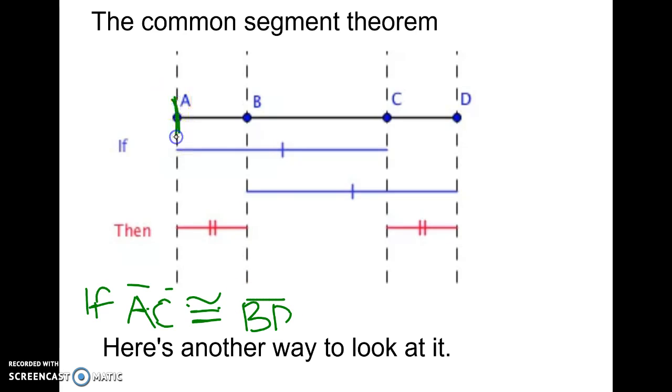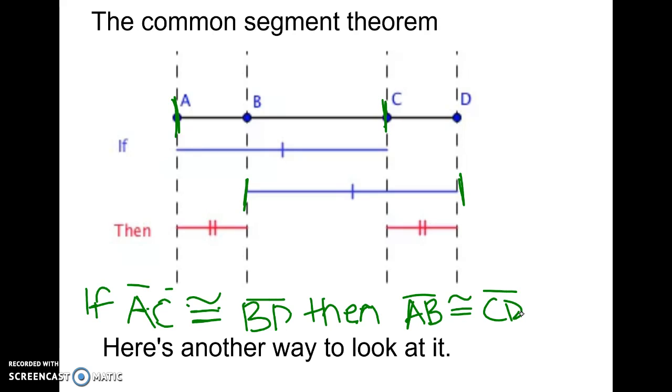So this piece is congruent to this piece. Then AB is congruent to CD.